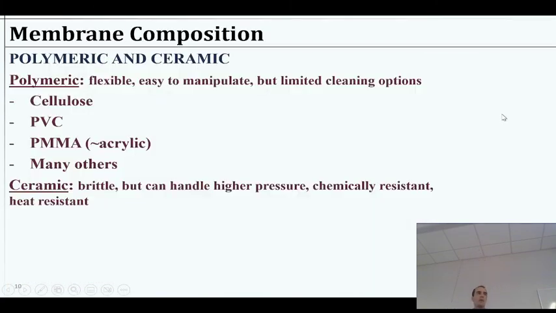Okay, so how do we make membranes? What are they made of? What are these things actually? Well, the definition said they're often plant or animal derived, that's the typical membranes you'd see, cell membranes and stuff. Well, we actually do get a lot of plant material in water treatment membranes. So polymeric or polymer membranes are one of the most common. The first one here is cellulose, because essentially cellulose comes from plant material, right?